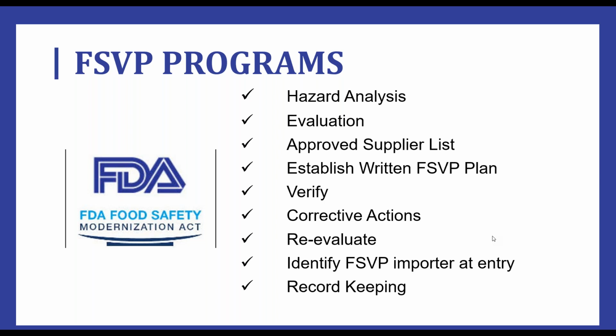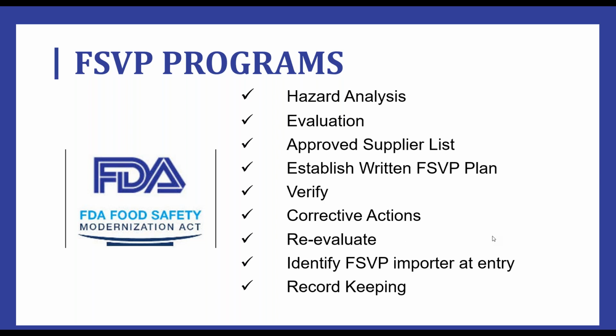And the biggest difference, and maybe to answer Amy's question earlier, one of the things that I saw very early when the rule was rolled out was that companies didn't realize there was a difference in the definition of importer for U.S. Customs versus the FDA.